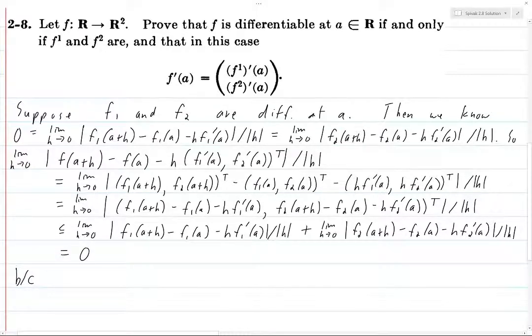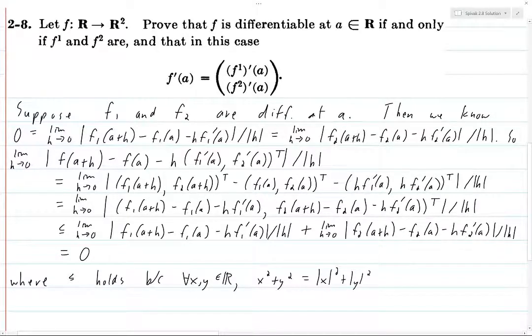And that is because, so where the inequality holds, for any x and y in R, the square root of x squared plus y squared, squared, equals x squared plus y squared, which is less than or equal to x squared plus 2 times the absolute value of xy plus y squared, because we've just added the term 2 times the absolute value of xy, which can only possibly be positive.